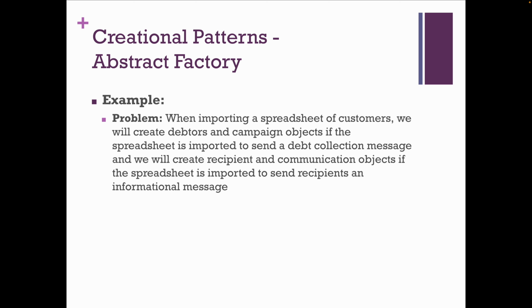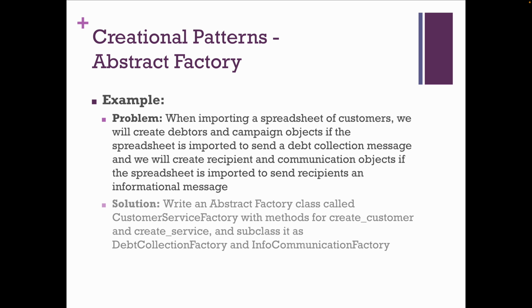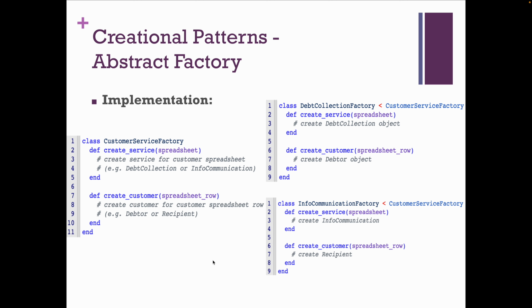So we can build one abstract factory for generating those objects: debtors and campaigns, or recipients and communication objects. One of them is the debt collection factory, and the other one is the info communication factory. So they're two different themes that are generating the same style of objects for different purposes.